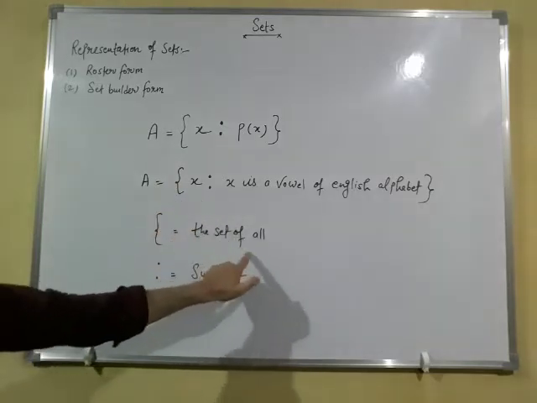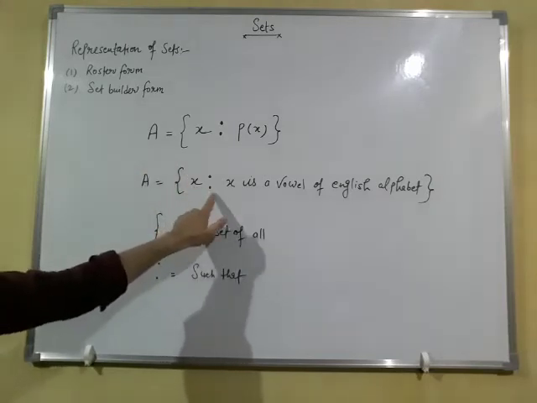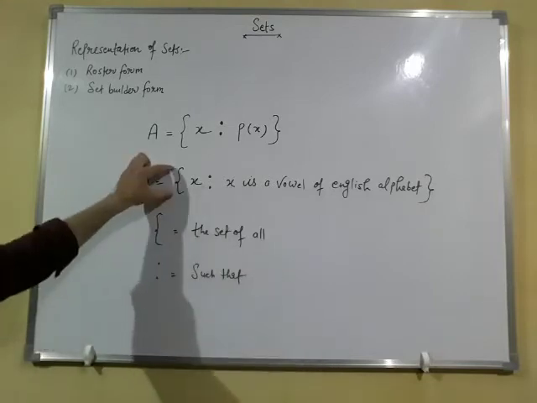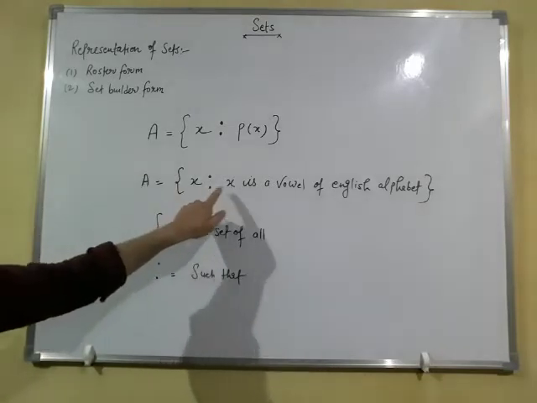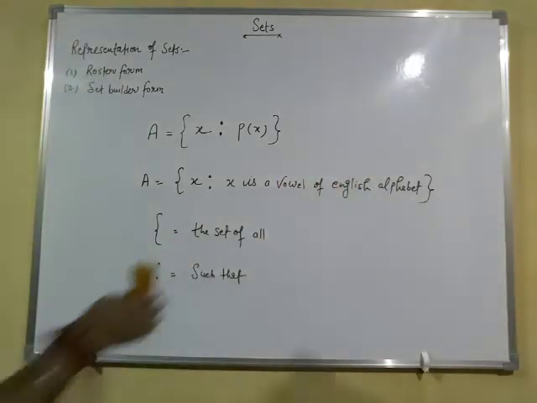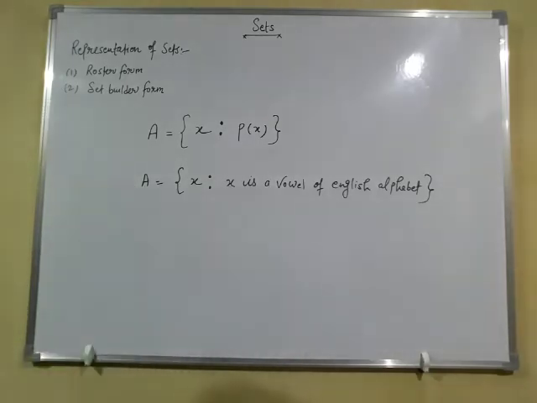Braces mean the set of all x, set of all x such that, because colon means such that. Again, set of all x such that x is a vowel of the English alphabet. This is known as set builder form.